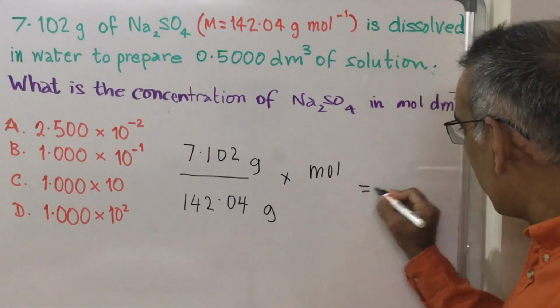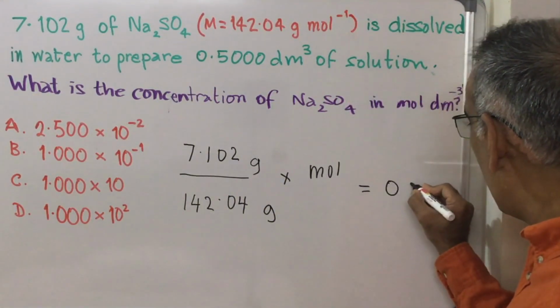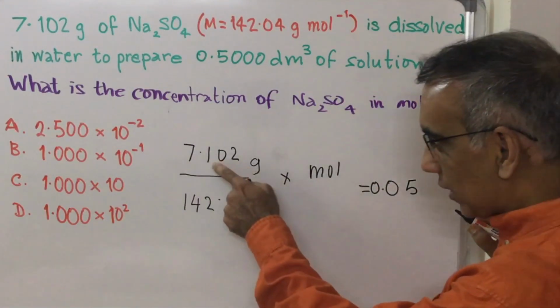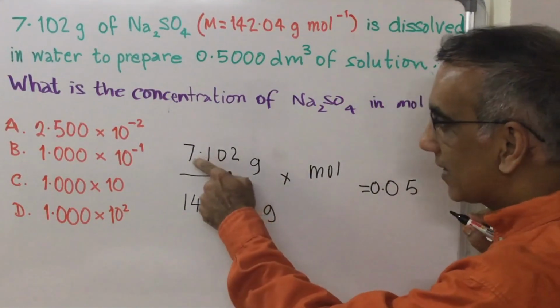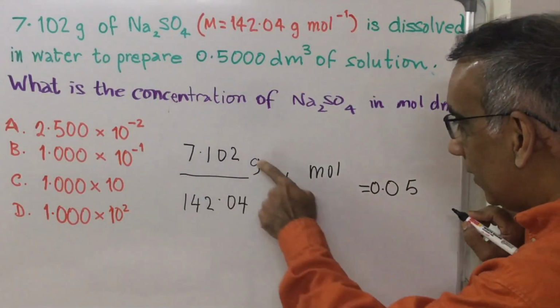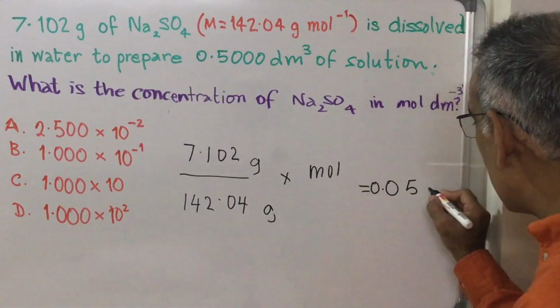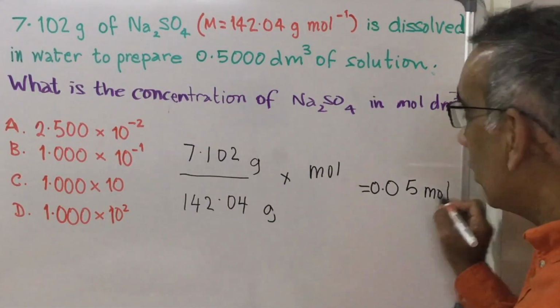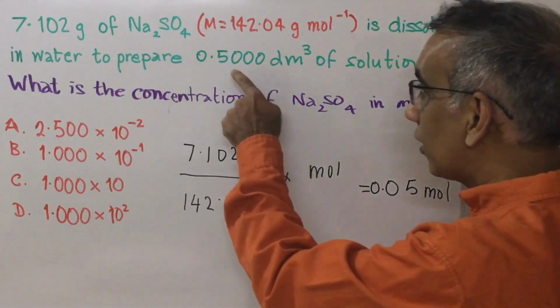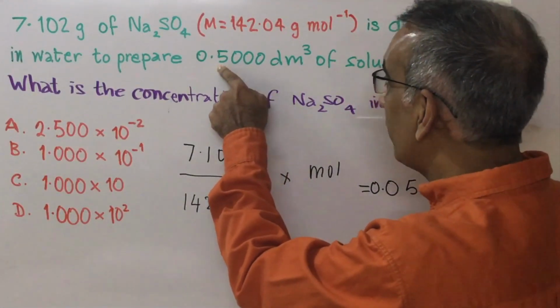So this would be equal to 0.05 because it's not 71 but 7.1. So 0.05, grams cancelling with grams, moles.